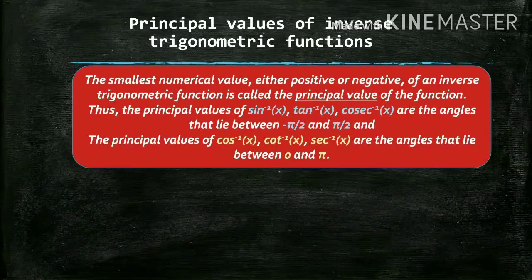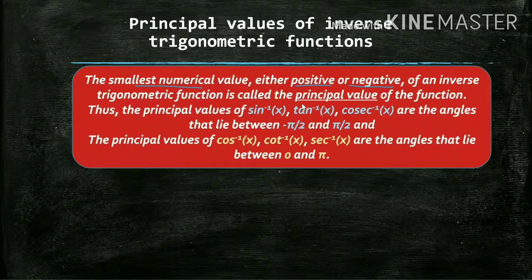So now I can say the smallest numerical value, either positive or negative, of an inverse trigonometric function is the principal value for the function. As we see in the sine function, it lies in the closed interval minus pi by 2 to pi by 2, so it can be either positive or negative, both values lie in that.